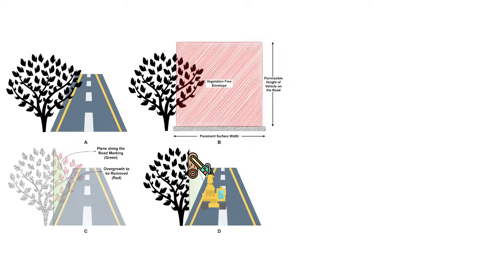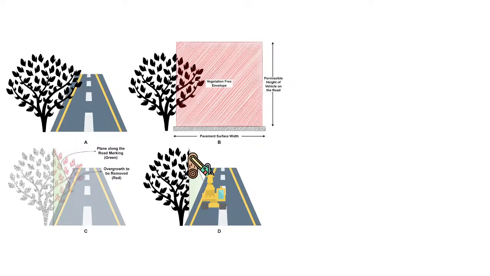So I'll just show you the use case. From this information requirement, we developed a prototype where we wanted to take care of roadside vegetation. We applied a simple concept that we will have a vegetation-free envelope zone, which we demarcated with the help of a road marking.